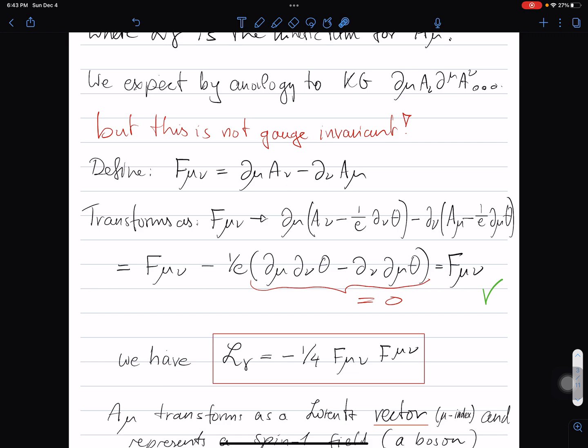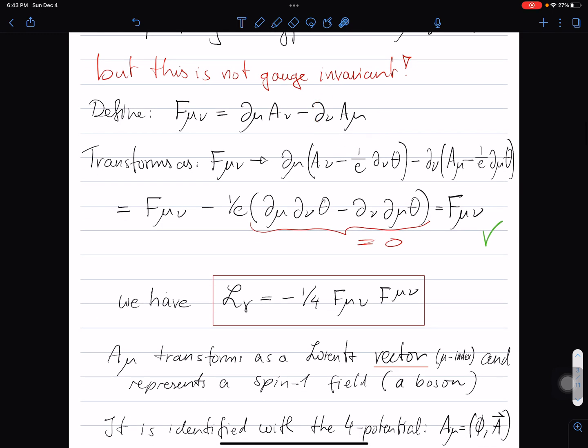However, we can define a new structure, the so-called field strength tensor, which has two indices mu and nu, and is an antisymmetric combination of the derivative and the photon field: d_mu A_nu minus d_nu A_mu.